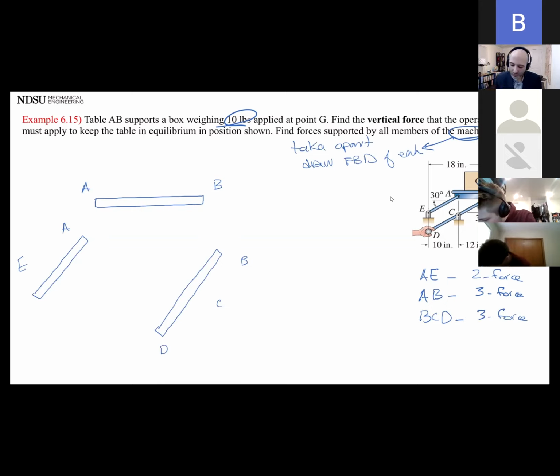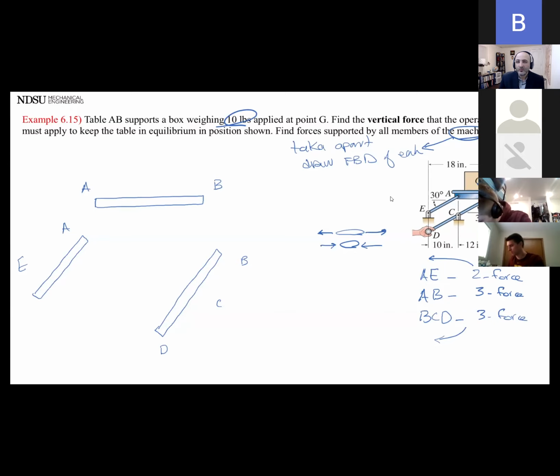So you guys remember, 2-force members, we said they should be either in tension or compression. What about a 3-force member? How should we draw the free body diagram of a 3-force member? What is the condition for that? All of you did an assignment on this.